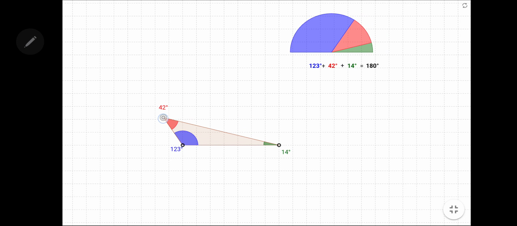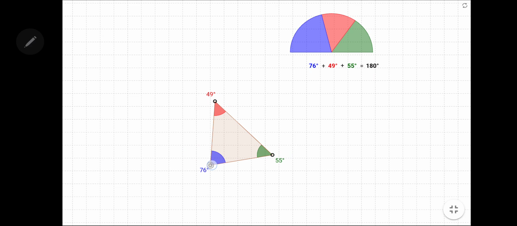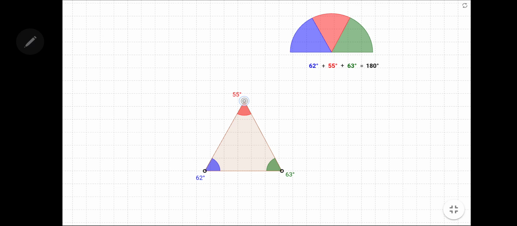So what do you notice about this? The sum of the angles of a triangle, and I can manipulate all of them, have to be equal to 180.